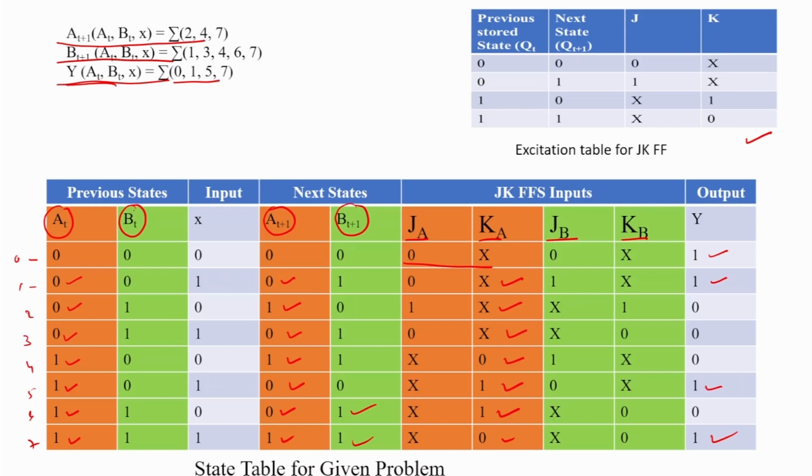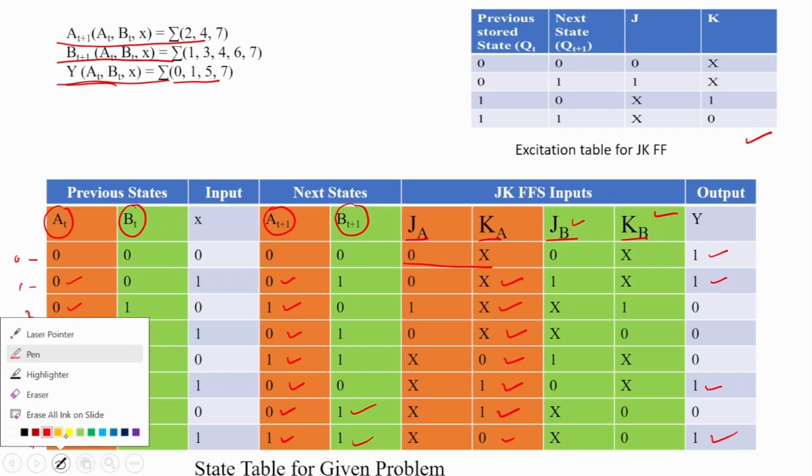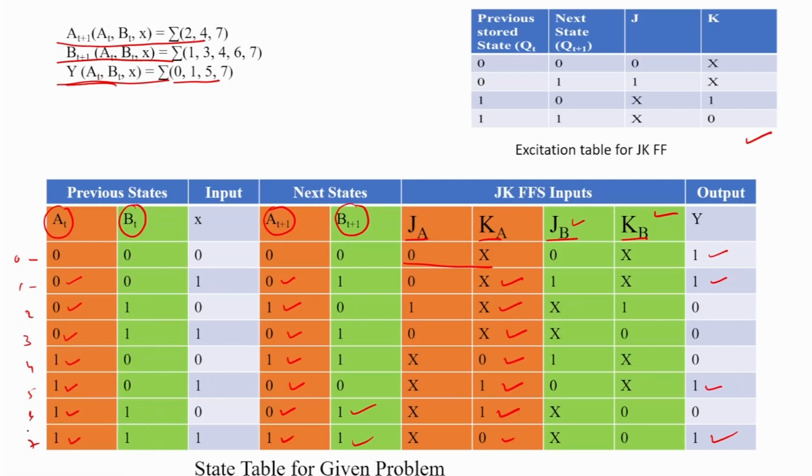Similarly, from previous state B t and next state B t plus 1: B t is the previous state of the second flip flop and B t plus 1 is the next state of the second flip flop. Based on these values, we will determine J B and K B. We use a similar process. Here B t is 0 and next is 0, 0 0, that is 0 x.